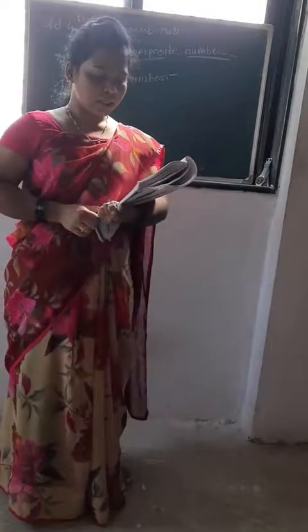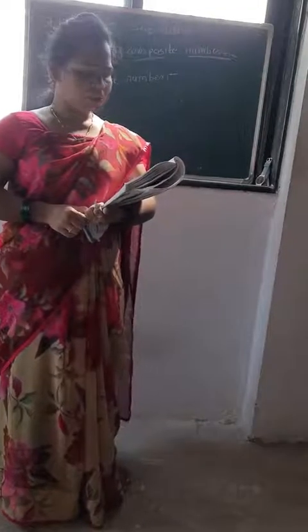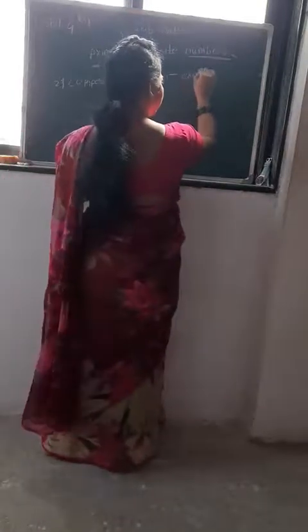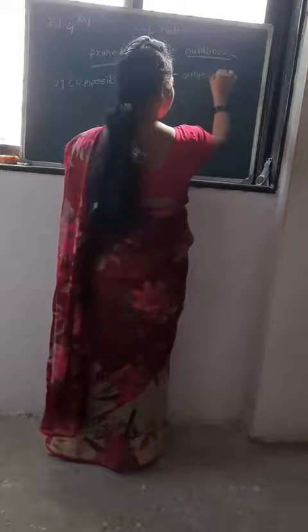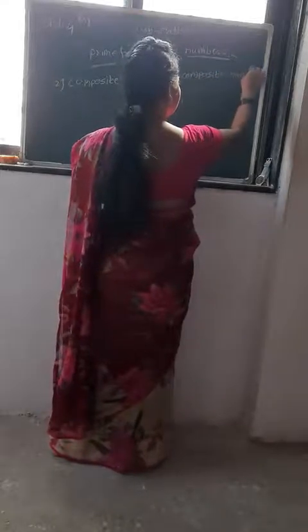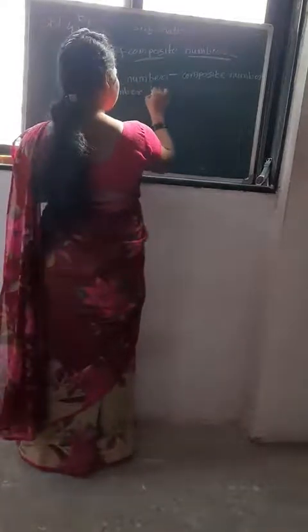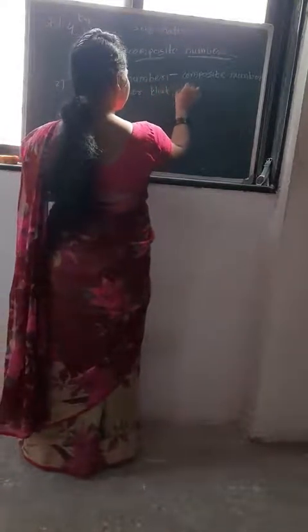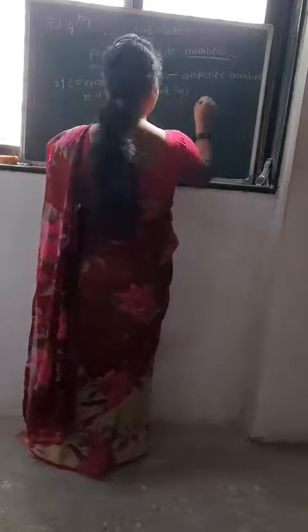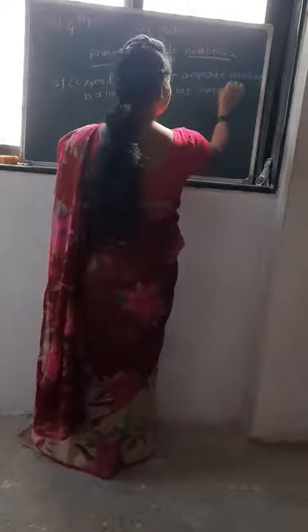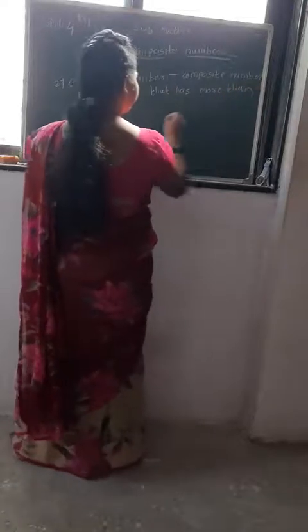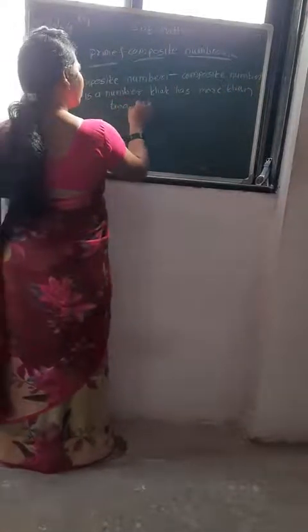A composite number is a number that has more than two factors.